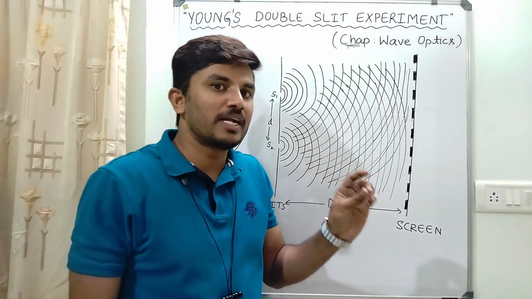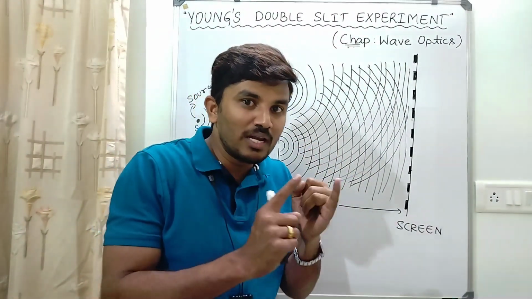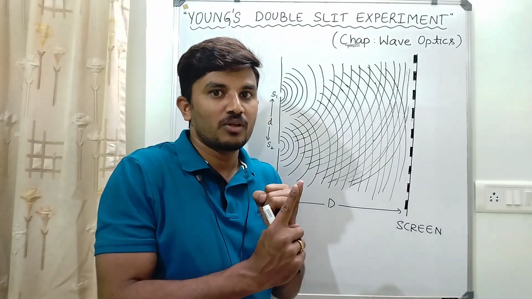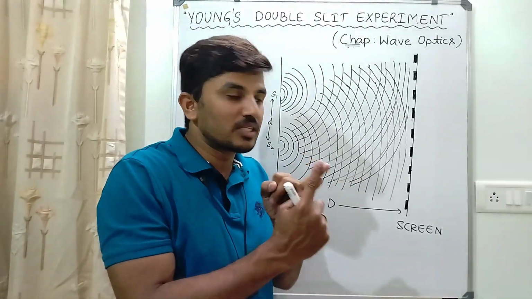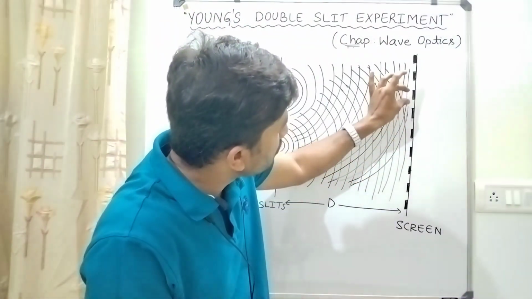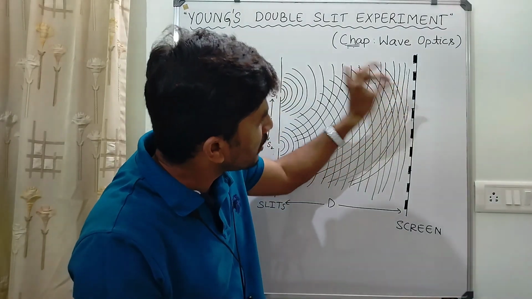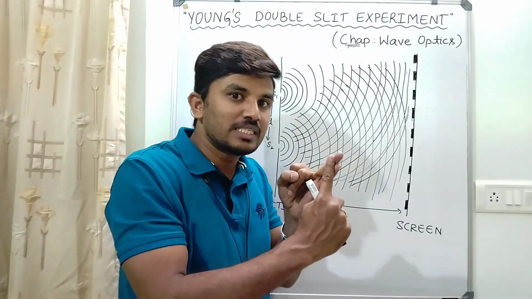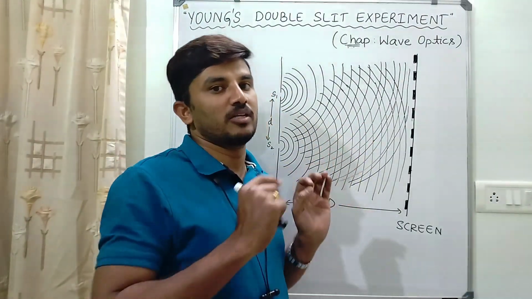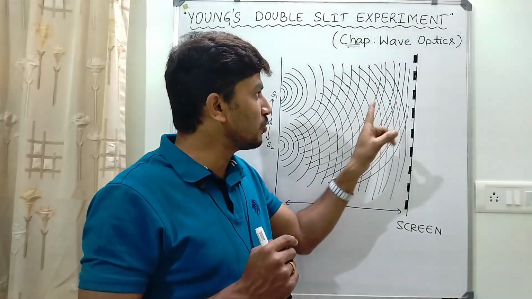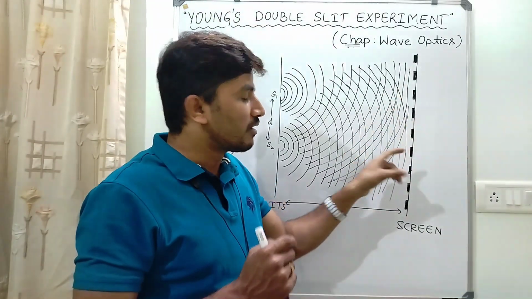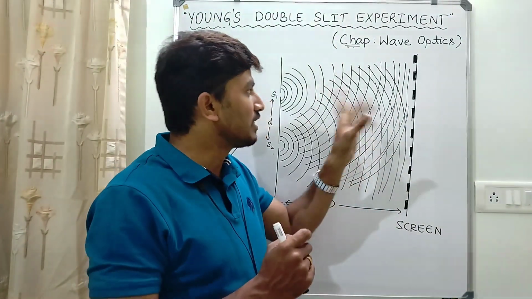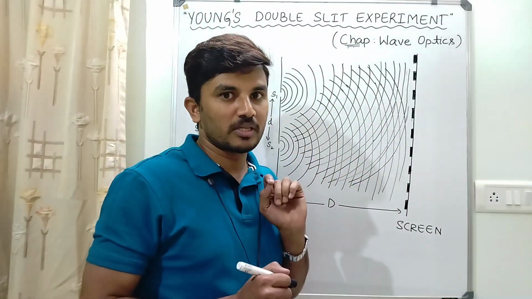So alternate bright and dark fringes of equal intensity with equal width. See, the distance from one fringe to another fringe is equal. So distance is equal, intensity is equal, size is equal. That happens in case of interference. So do remember that, dear students.